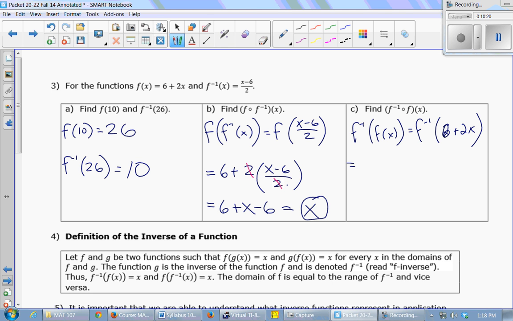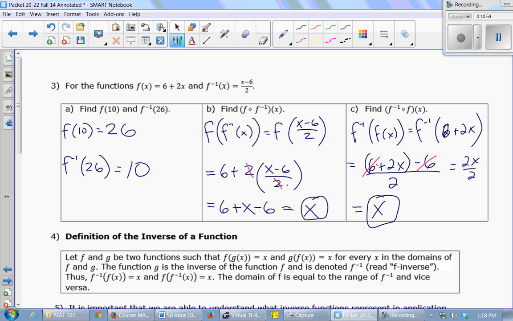I'm doing out all the work, but you wouldn't have to once you see that. So f inverse of 6 plus 2x, take your 6 plus 2x, plug it in for x. So we have 6 plus 2x, that's my x, minus 6 over 2. The 6's cancel, I have 6 and minus 6. And then I have 2x over 2, which is x.